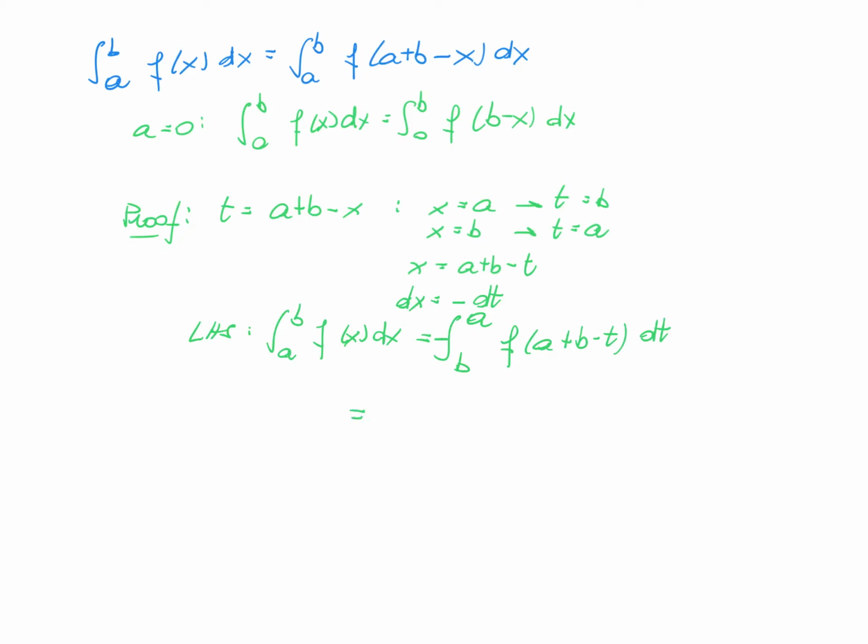So this is minus the integral b to a f of a plus b minus t dt. We then change again the order of the limits of integration, so we also change the sign. This is the integral from a to b f of a plus b minus t dt. And then since t is just a variable of integration, we can change it. It's just a letter. It doesn't matter which letter we use. And so we have here the right hand side, and this completes the proof.